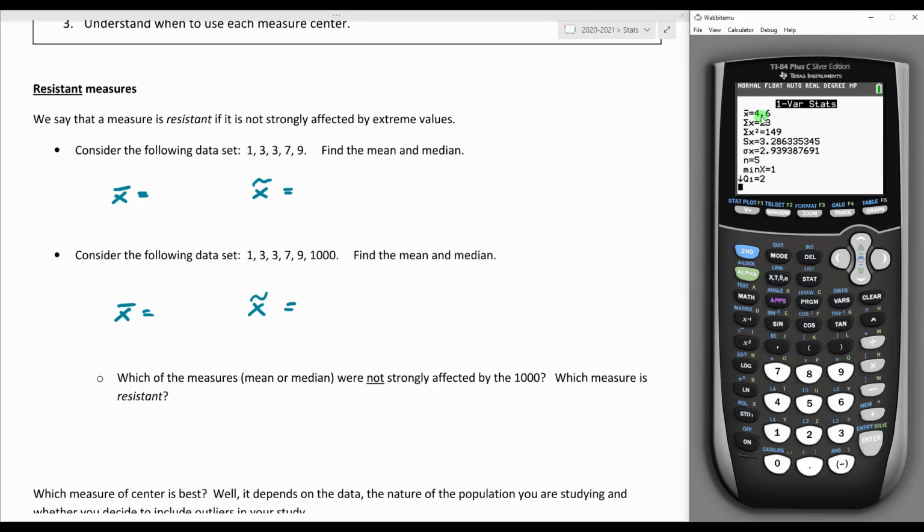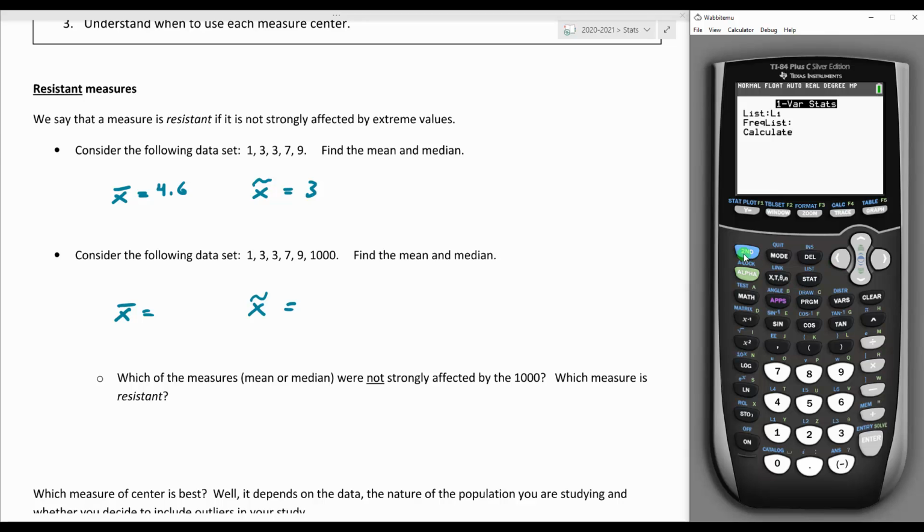Let's see what we got here. We got a mean of 4.6. And then I'm going to scroll down to get my median. So my median is 3. Now let's do the same thing, but we'll add in that 1,000. I'm going to do one-var stats, and this time I'm going to do it on list 2.